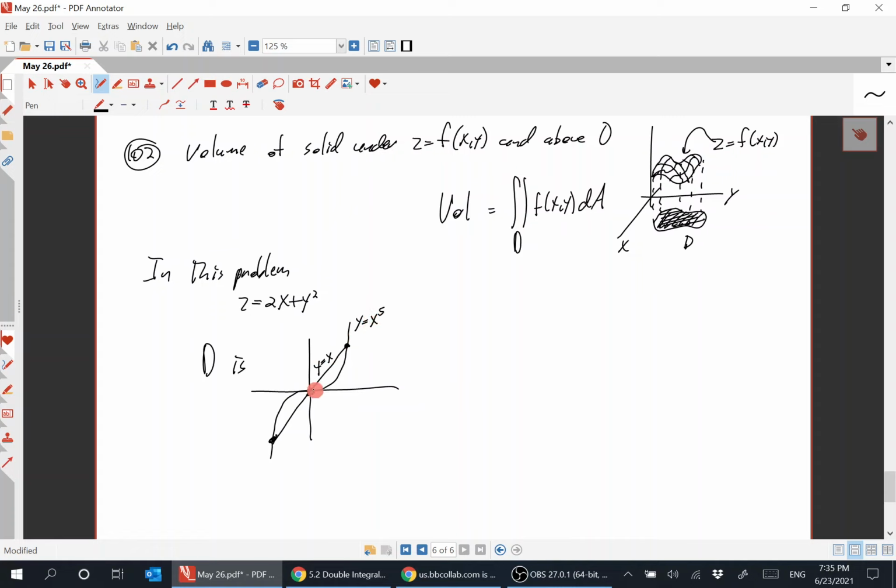They meet where x to the fifth equals x. So where x times (x to the fourth minus 1) equals 0, so x is equal to 0, 1, and minus 1. So this is the point (1, 1). That's the origin, of course, and that's the point (-1, -1).